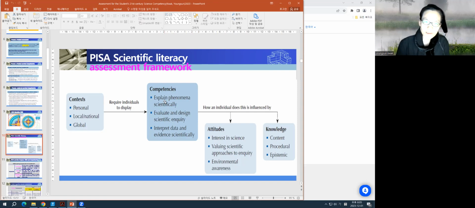Competency-based assessment is so important these days because every country has a competency-based curriculum.